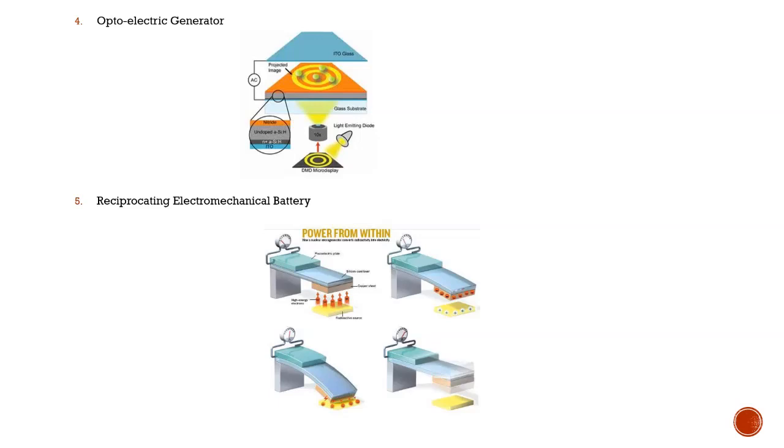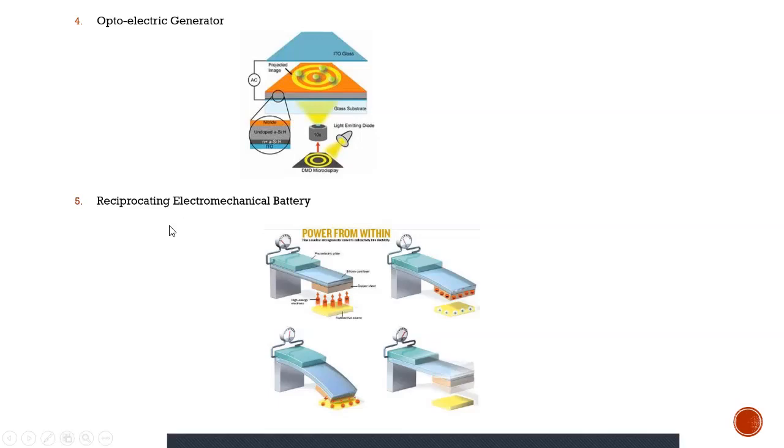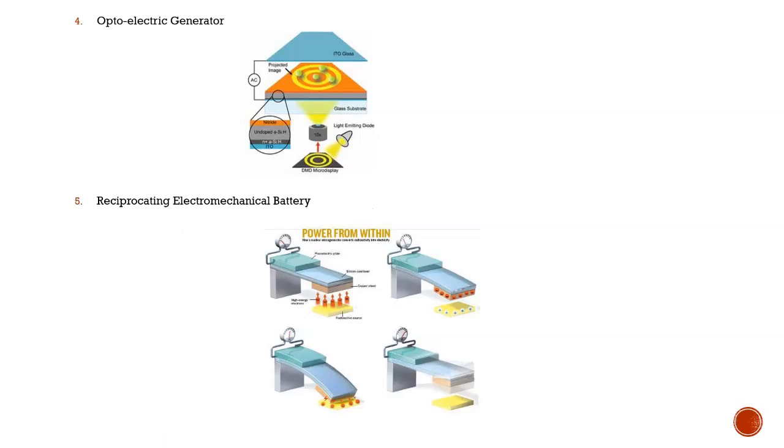Now we have another type of conversion method which uses reciprocating electromechanical batteries. Electromechanical atomic batteries use the buildup of charge between two plates, and it pulls the plate. There is radioactive material available beneath this plate, and it can be a copper chip or a conductive material.